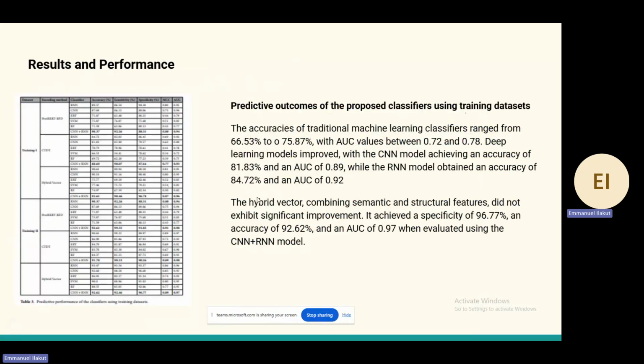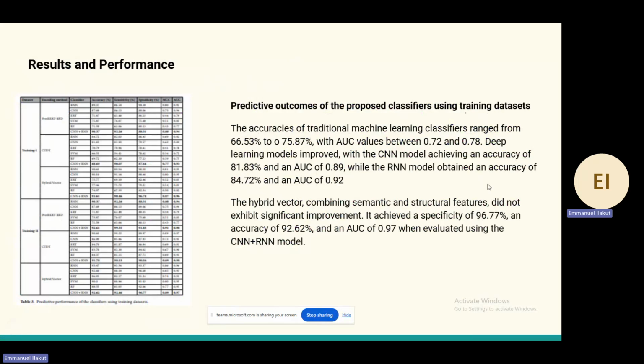However, when we combined the CNN, the convolution network, and the recurrent network, there was a very, very highly significant improvement, which achieved a specificity, meaning it correctly predicted negative values.